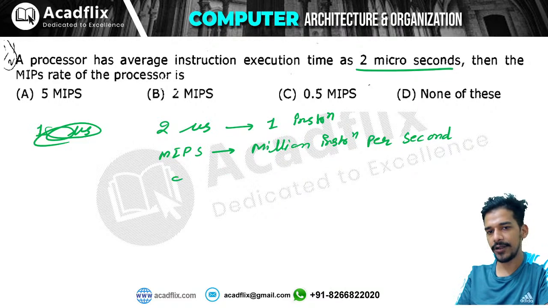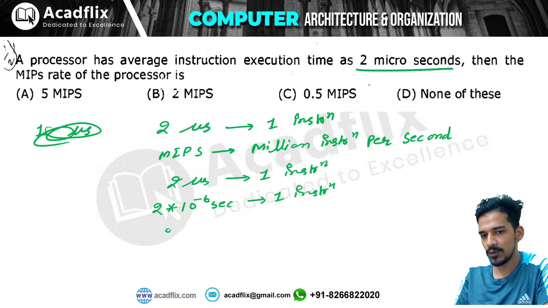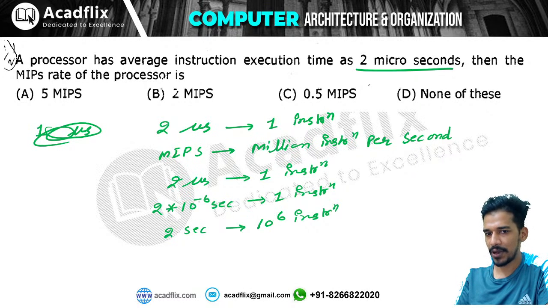So we know that in 2 microseconds we can execute one instruction. If I convert this into seconds, this will become 2 into 10 to the power minus 6 seconds. I am converting microseconds to seconds. In 2 into 10 to the power minus 6 seconds, it can execute one instruction. 10 to the power 6 means 1 million instructions, right? 10 to the power minus 6 will go to this side and become plus.